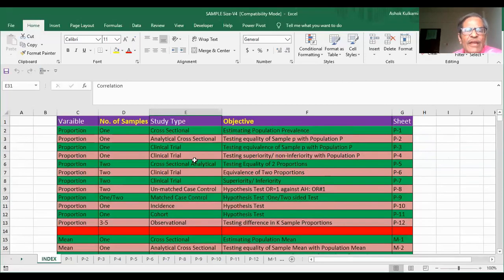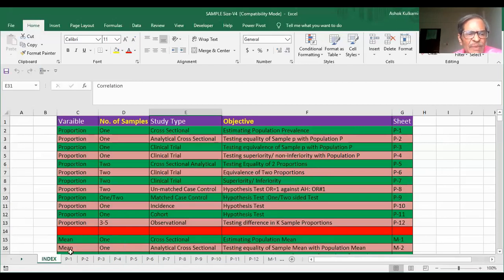So, for example, if your study involves a proportion and there is only one sample and it's a cross-sectional study, so it is mostly estimating the population prevalence, in that case you will have to use the sheet number P1. So here is the sheet number P1. The sheets have been named in such a way that, for example, if the variable is proportion, then the name starts from P, and P1, P2, P3, something like this.